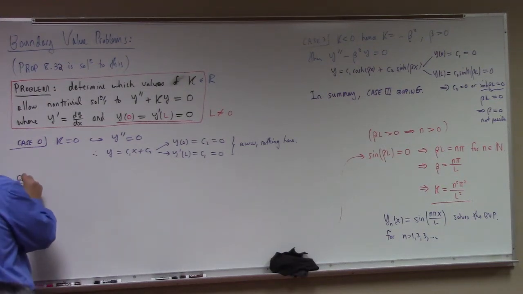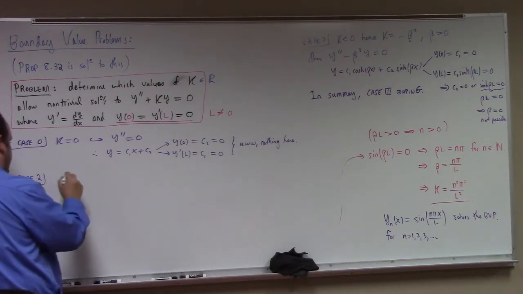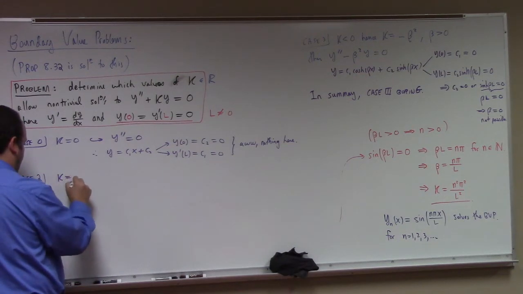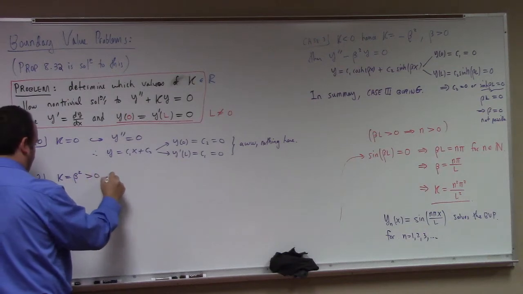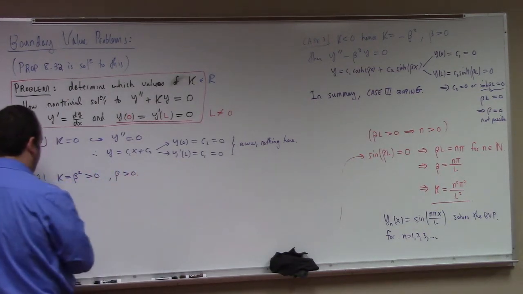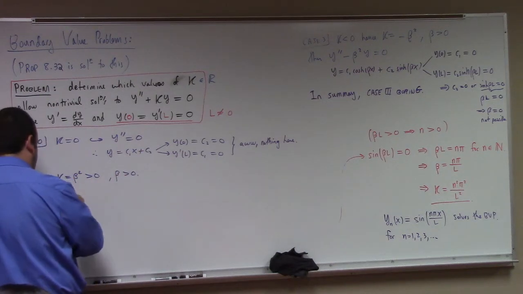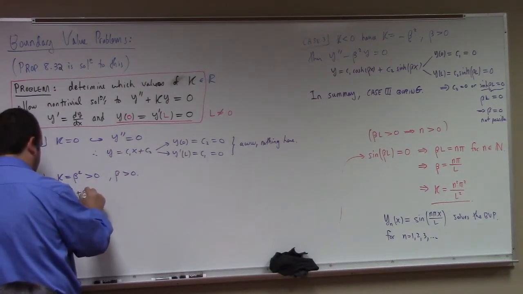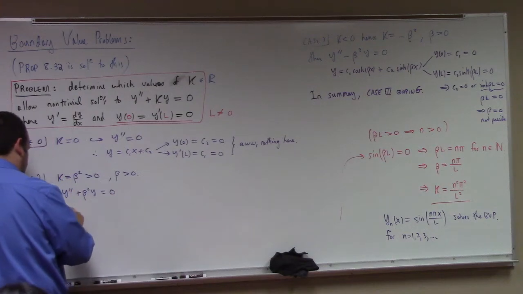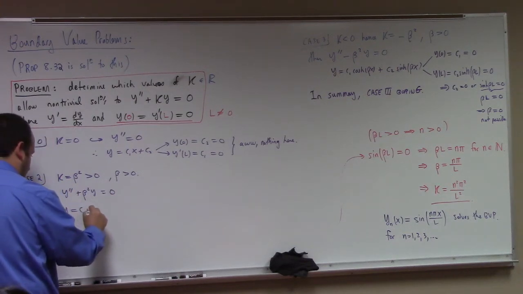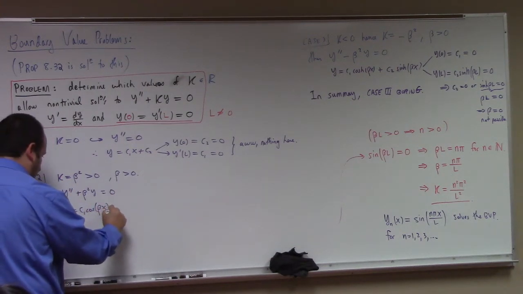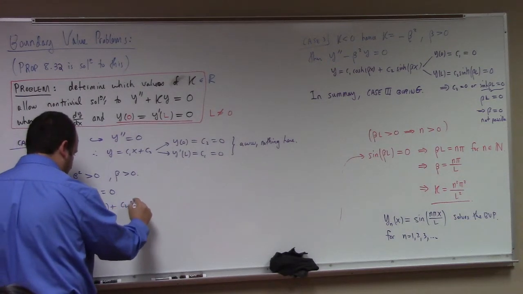Case 2, according to my current lingo, k positive. So we're solving y prime prime plus beta squared y equals 0. This gives me y is equal to c1 cosine beta x plus c2 sine beta x.